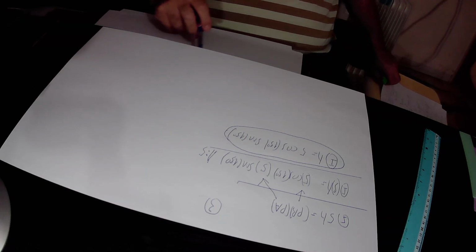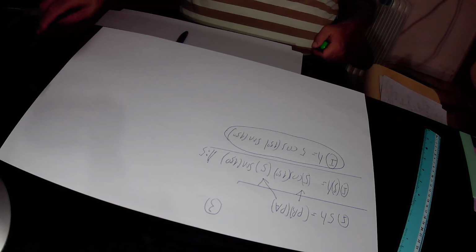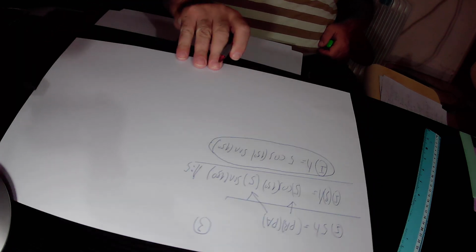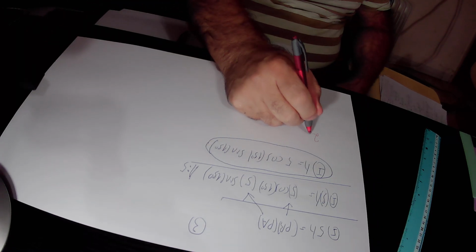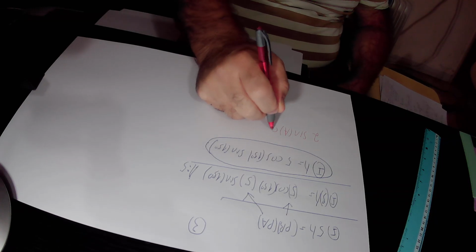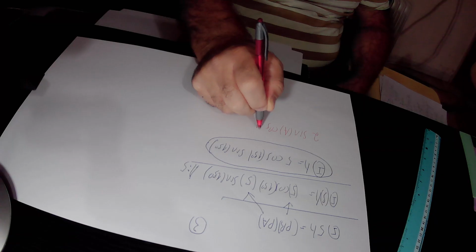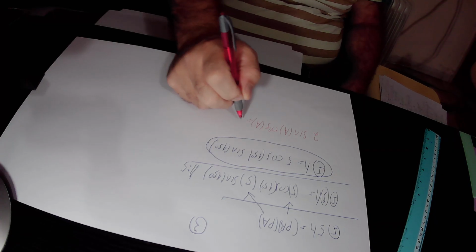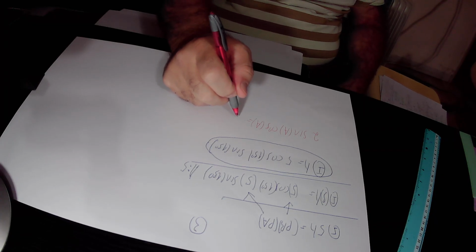Here we will use the trigonometric identity that states that 2 times sine A cosine A is equal to sine 2A.